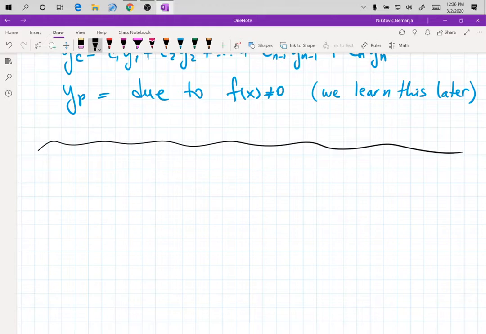So one of the examples says, use the Wronskian to show that the 3 functions are linearly independent. So give me a problem 7 through 12. Doesn't really matter. We can differentiate. 8.